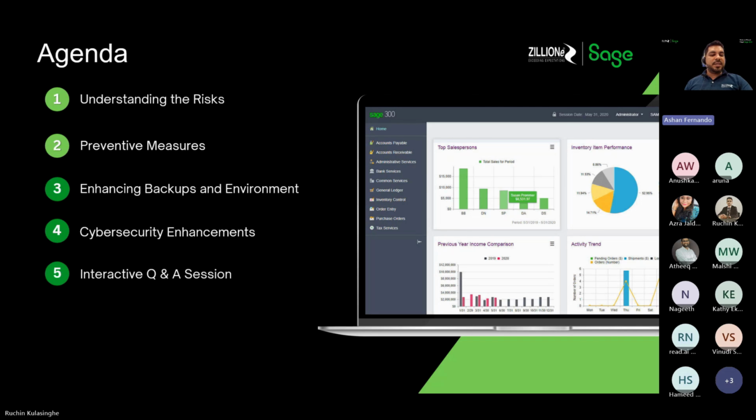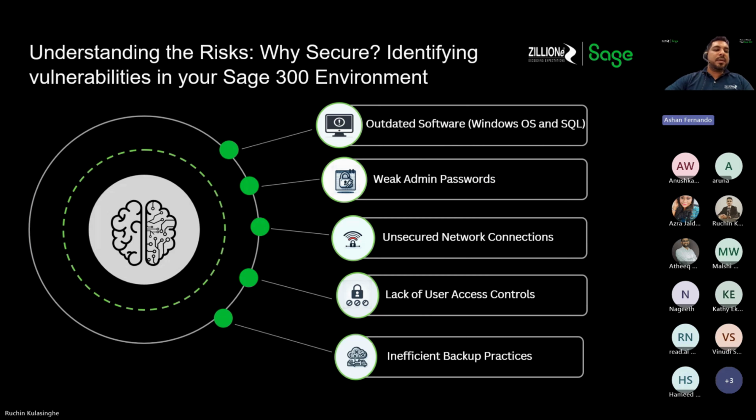That's our agenda. The first point of today's session is understanding the risk: why secure, and identifying the vulnerabilities in Sage 300.